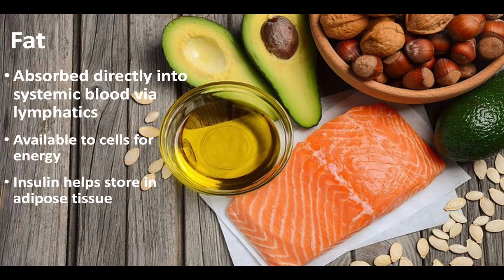Fat. So fat is kind of cool, as we said in the introduction, in the sense that when you eat it, it gets absorbed through the lymphatic channels, right? From the intestine, and then goes directly into the systemic blood flow. It doesn't go through the liver, right? So the fat kind of gets distributed first. So it's available to cells for energy, and some cells prefer it as energy.